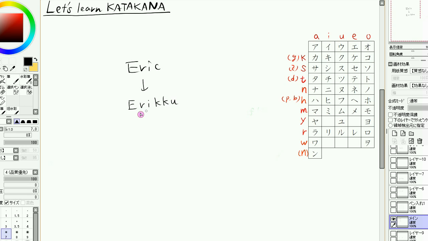Like in this case, it's Eriku. So it becomes like that. So what we've learned so far is this process, right? So these are okay for you guys, but this process needs some experience. In order to convert your name to Japanese sound, I guess you need my help.